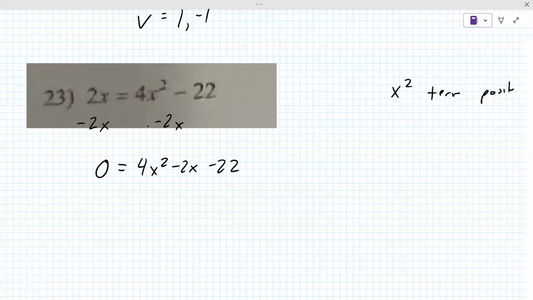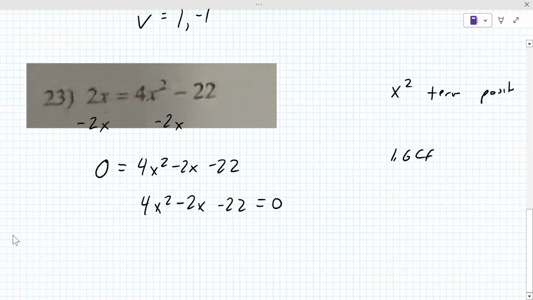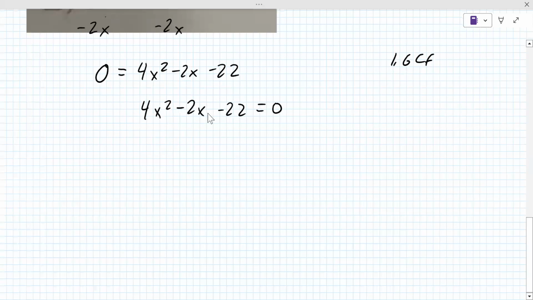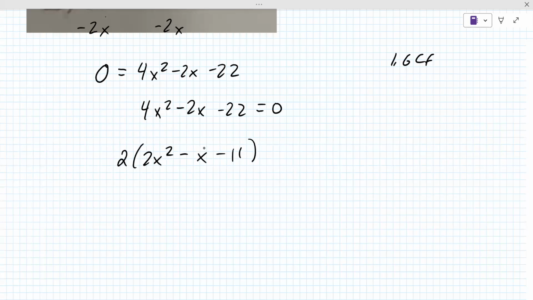If you leave 0 on the left, I would recommend moving it to the right, just to make it more what you're used to. Then always look for a GCF. What is the GCF here? 2. So we get 2 times 2x squared minus x minus 11 equals 0.